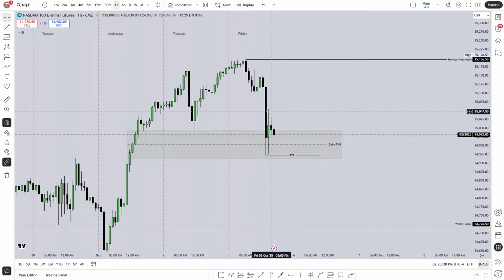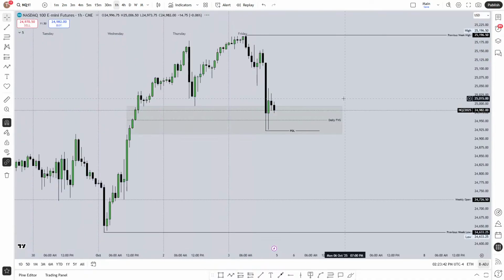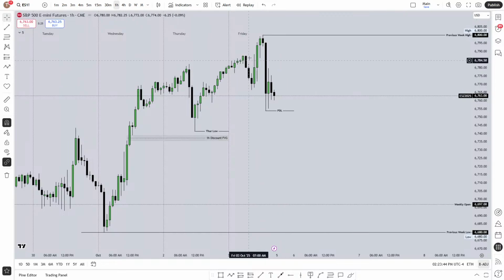Market structure shift, SIBI. So some things to note right there. Again, just getting an idea of what to expect. And when you have targets like these resting above fair value gaps, it makes me think there is a higher likelihood of seeing a draw lower.